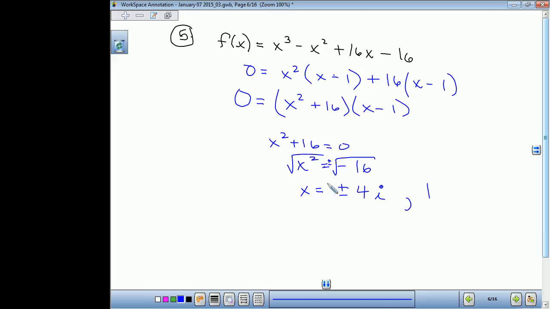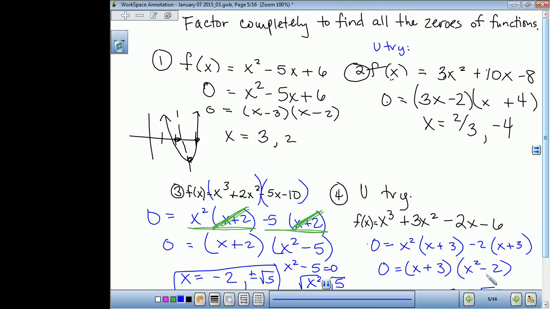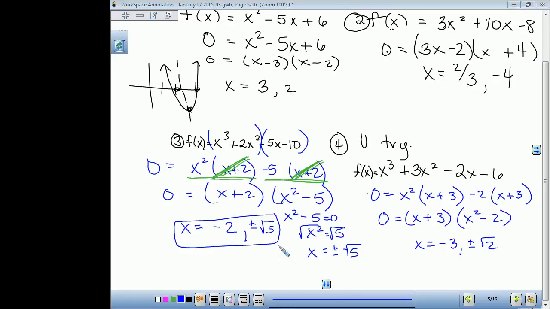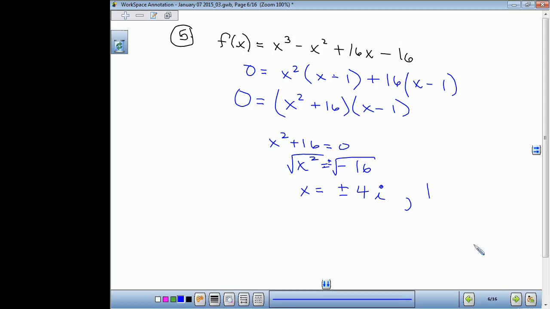So when we think about it, zeros. Okay, how many times do you think this one would cross the x-axis? 3. What about this one? 3. What about this one? Just one.